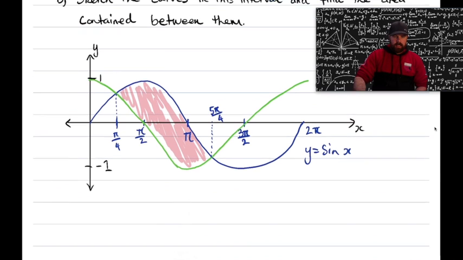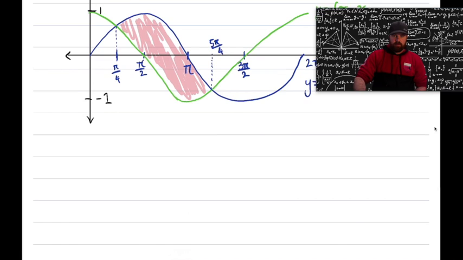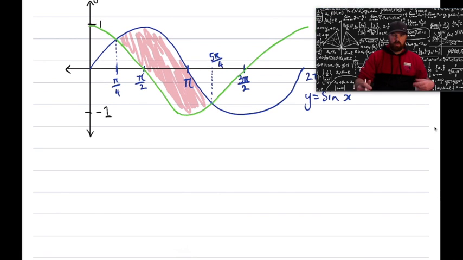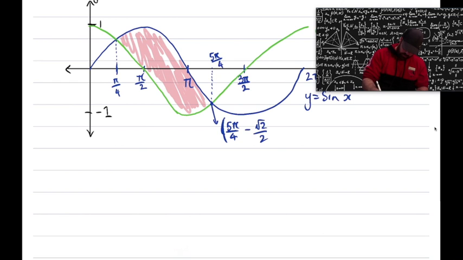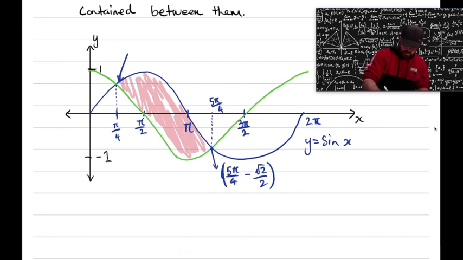So we've done the sketching our curve part. Moving on now and finding the area. Well, it's the area between two curves, so we're going to ask ourselves, where do they cross over? We've got these intersection points here. Remember that that's 5 pi on 4 and minus root 2 on 2, and that point there was pi on 4, and it is root 2 over 2.